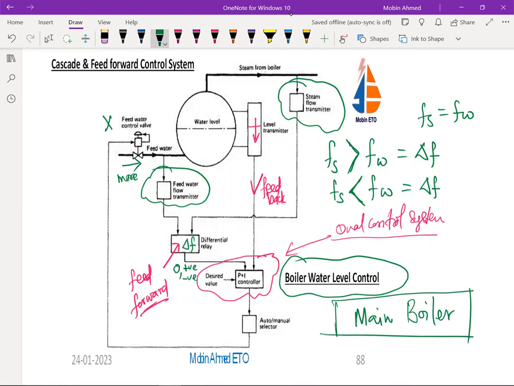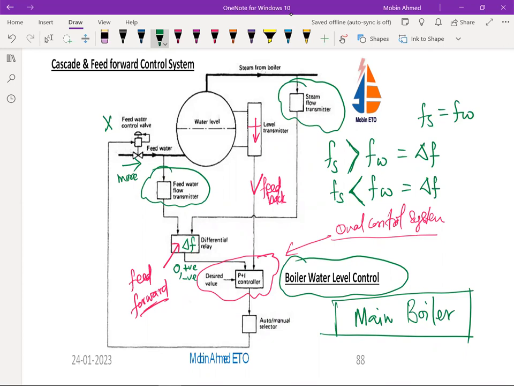Don't worry about it. This diagram, most of the time people ask, and they expect you to make this diagram and tell them how it works. So hope you have understood. This is a cascade or dual control system.